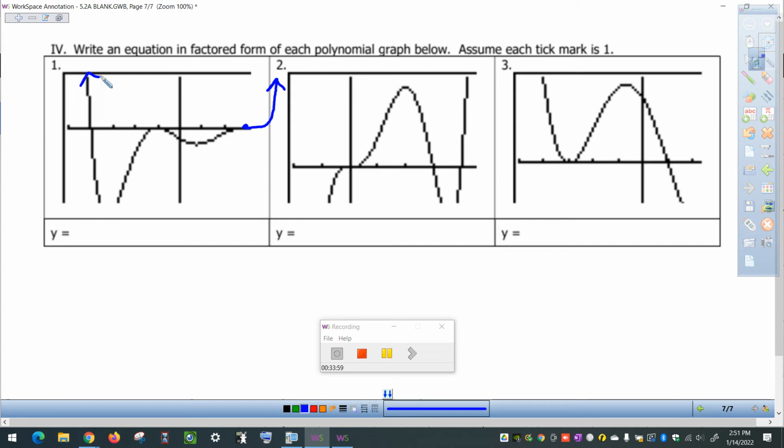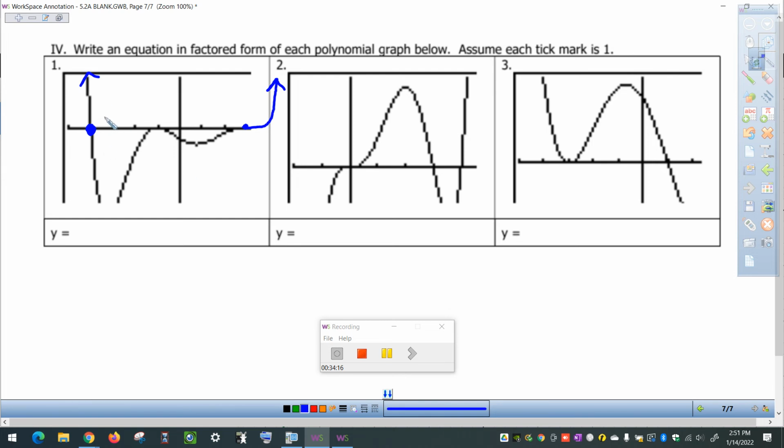I just want to model for you aloud how I would think about getting an equation for this first graph. Here's what I like to do. The first thing I'm going to look at is the x-intercept. I'm going to label the value of the x-intercept, and I'm also going to label what's happening.